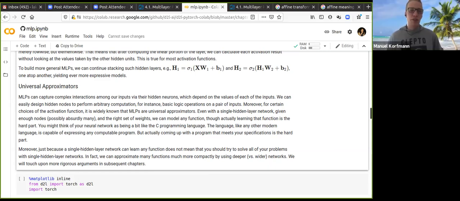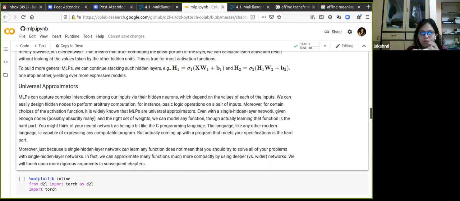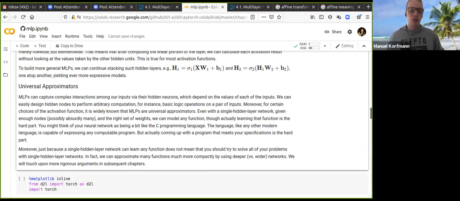Universal approximators. MLPs can capture complex interactions among our inputs via their hidden neurons, which depend on the value of each of the inputs. We can easily design hidden nodes to perform arbitrary computation, for instance, basic logic operations on a pair of inputs.